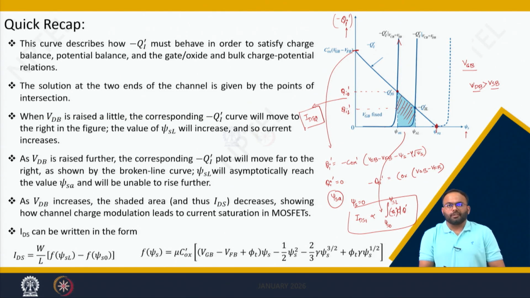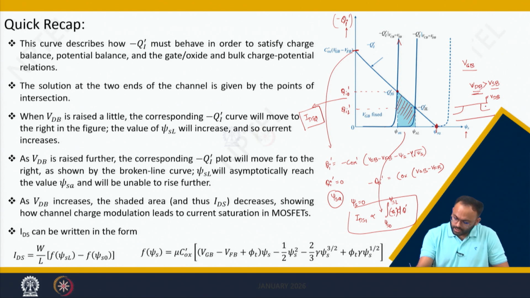By using this graph, we explained that when we increase the VDB beyond a certain value in the MOSFET, let us say this is VDB, this is the drain side, this is the source side, then the surface potential at this side will increase and ultimately it will be pinned to a value of psi sa. Beyond that, the surface potential will not increase.